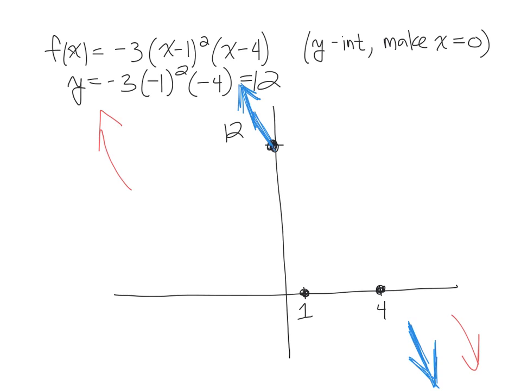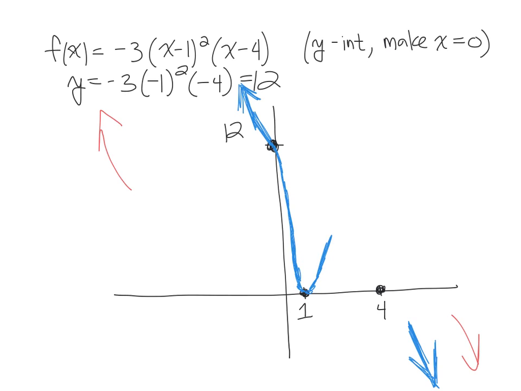I know this graph is going to come through here and touch the y-axis up there at 12, and as we get closer and closer to 1, the multiplicity of 1 is 2. What that means is it's going to bounce off the x-axis. Since we were above the x-axis to start with, when we come down to that zero and bounce, our graph will stay above the x-axis after we touch that zero.